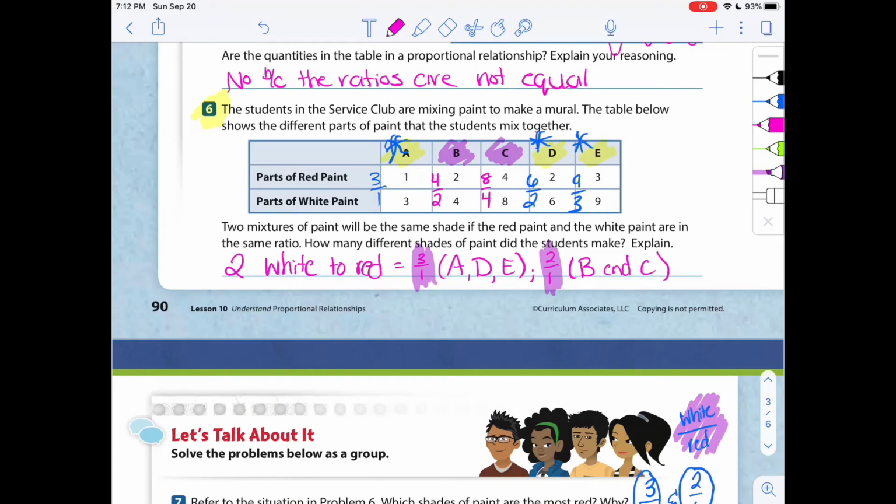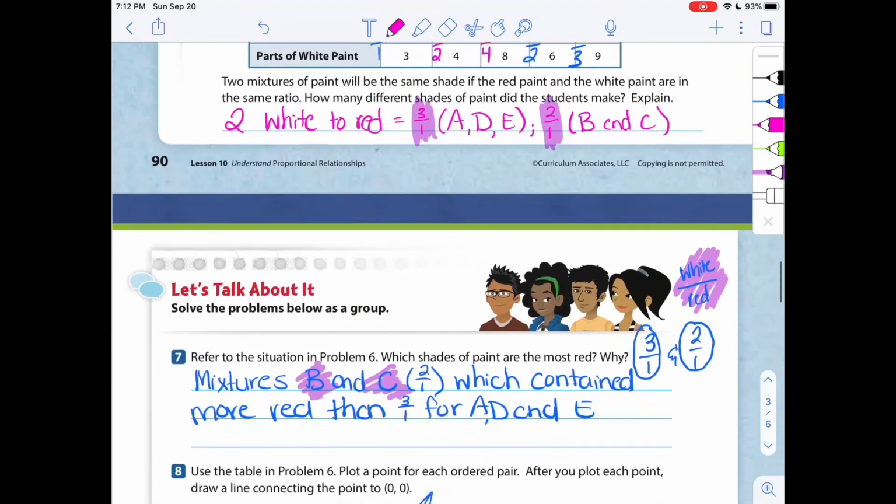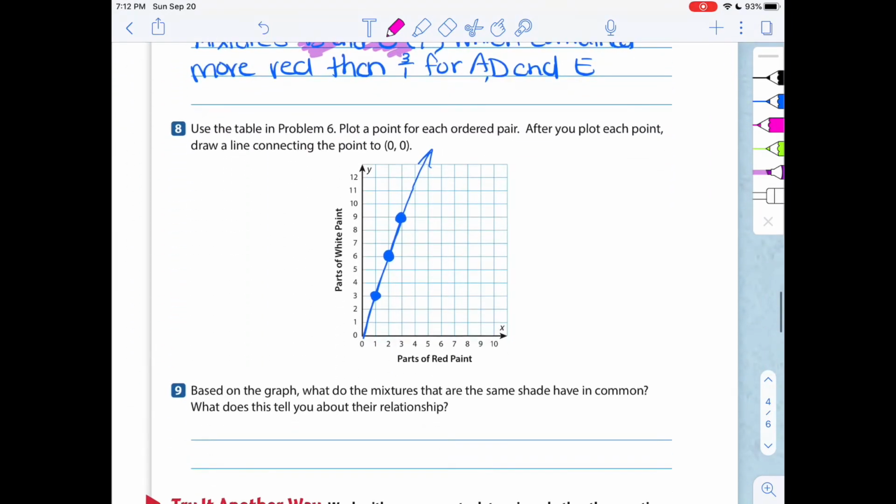So we can do another line to show the relationship between B and C, the 2 to 4 and 4 to 8. So using those same points, 2 parts of red to 4 parts of white.